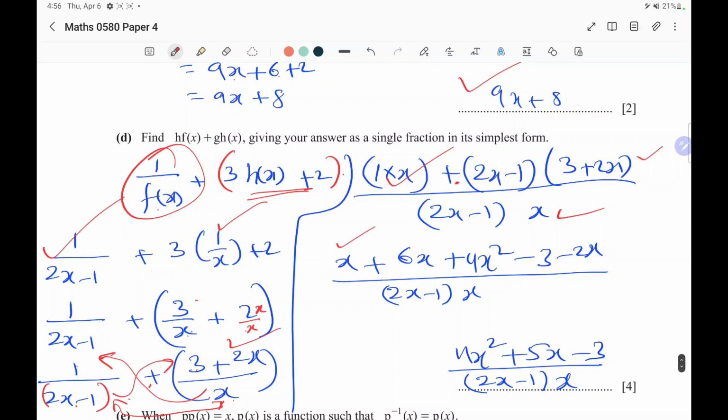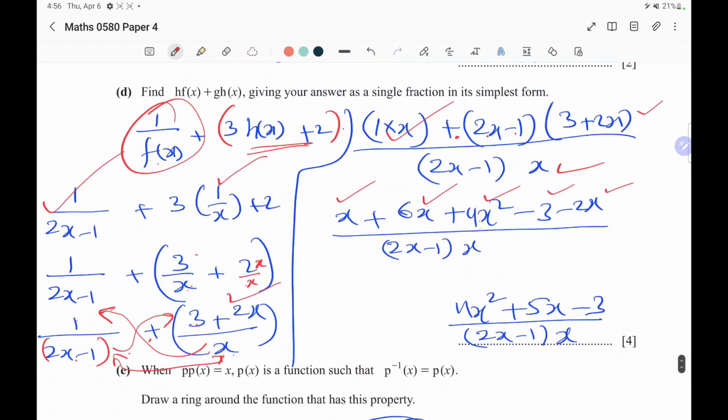So 1 times x is x, 2x times 3 is 6x, 2x times 2x is 4x squared, minus 1 times 3 is minus 3, minus 1 times 2x is minus 2x. So this is 4x squared. 6x plus x, 7x minus 2x is 5x and minus 3, and 2x minus 1 and outside x.